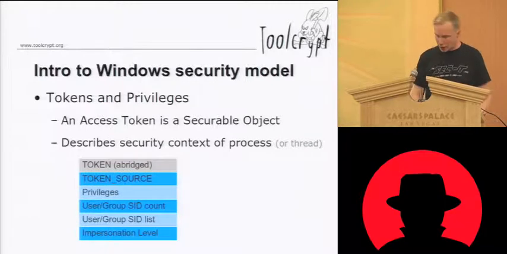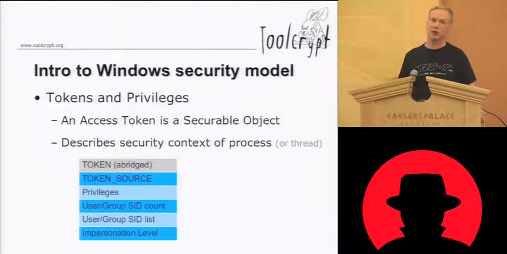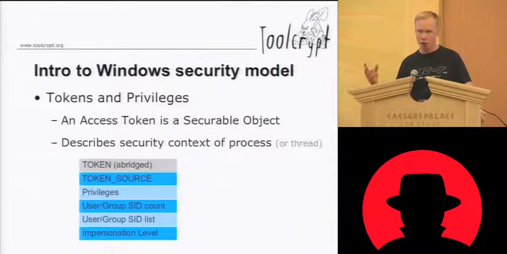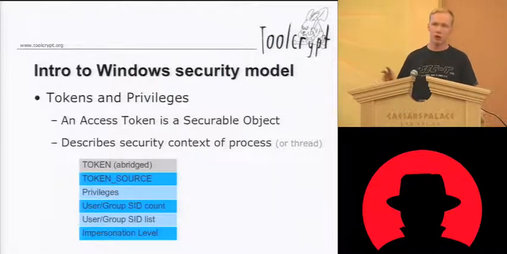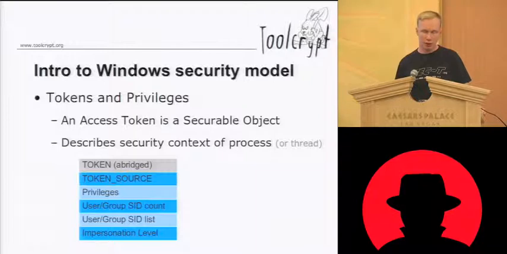I said before that a process has a primary token. When a process gets started, it gets assigned by the system a primary token, and this is the access token that basically controls access to system resources, except in the case when a thread in the process has called something called an impersonation or a delegation.